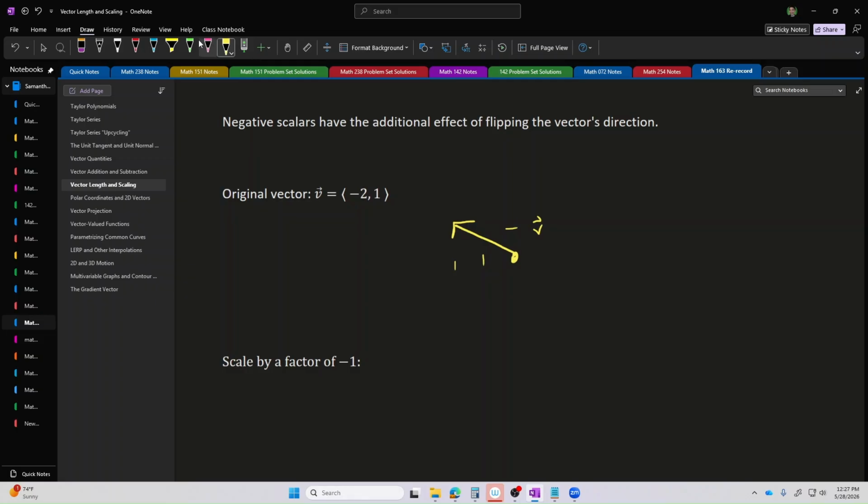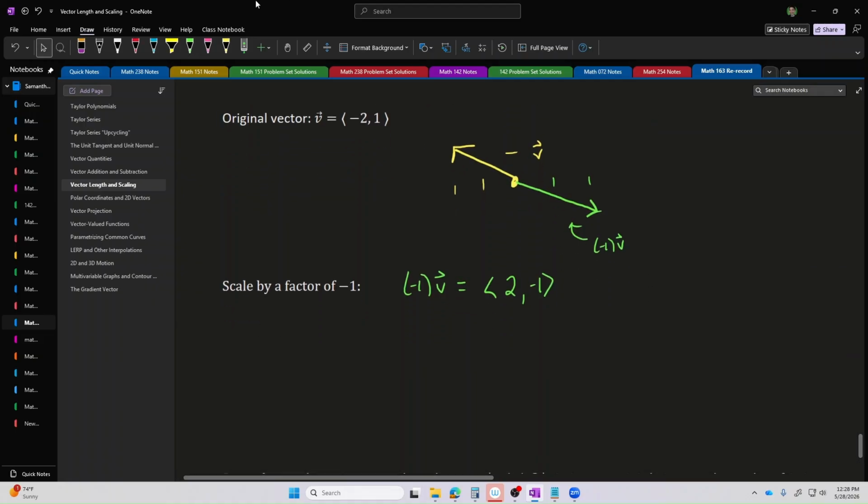When I scale the vector by a factor of minus 1 and apply that scalar component-wise, that flips the signs of both the components, so that's now pointing 2 units in the positive x direction and 1 unit straight down. So what I can see is that this negative scalar has had the effect of flipping the vector in the opposite direction.